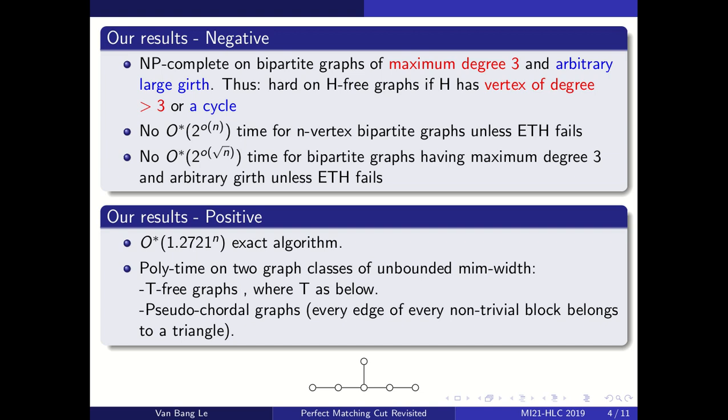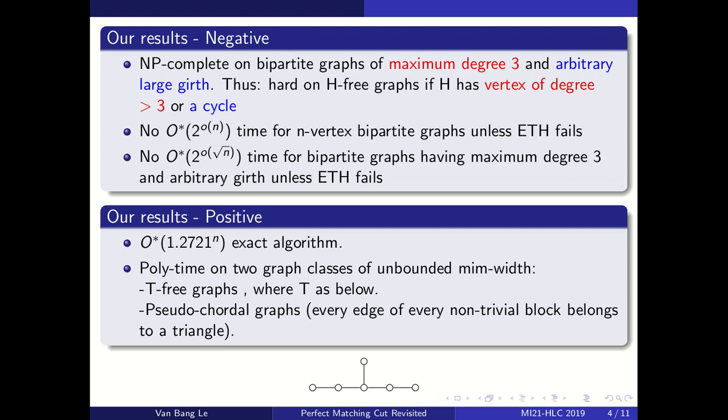We can also solve it in polynomial time for a class of graphs which contains the chordal graphs. We call these the pseudochordal graphs, and they can be defined as being those graphs where every edge of any non-trivial block belongs to a triangle. We'll get back to this.